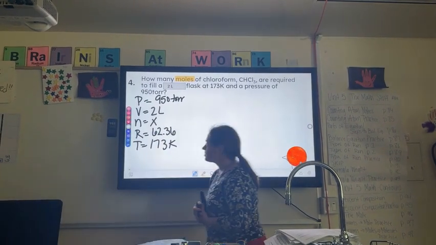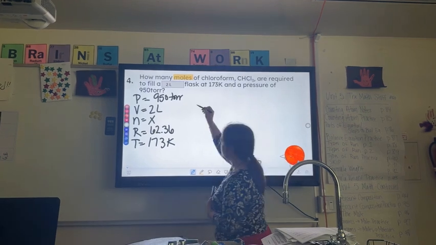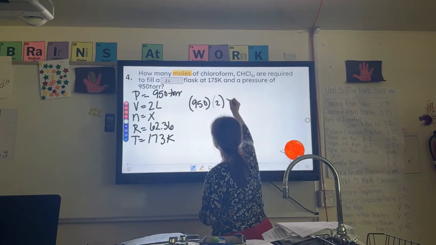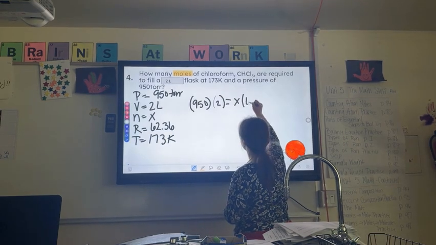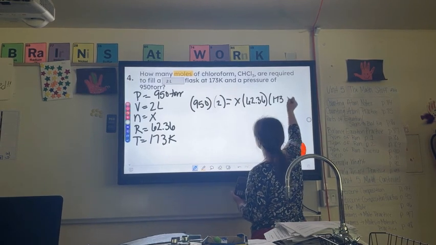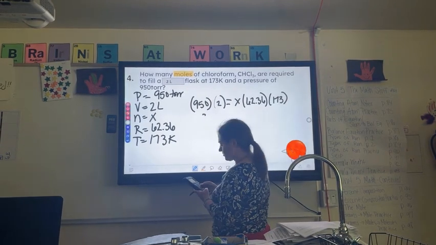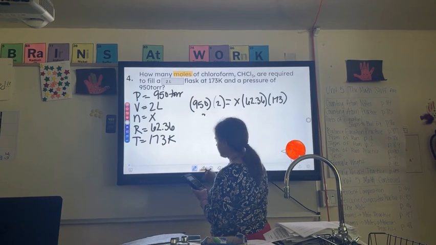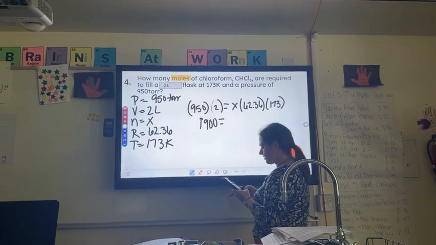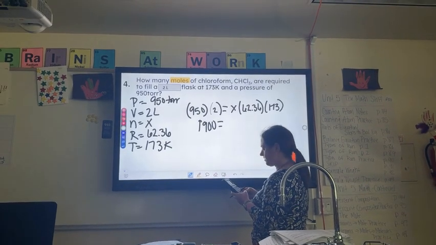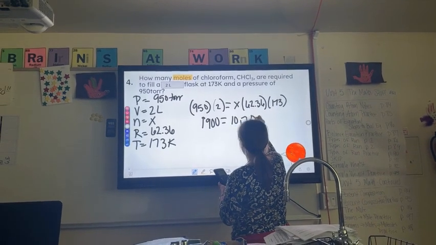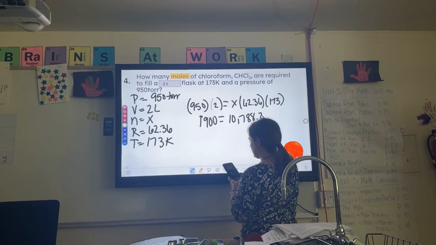Once again, our equation is PV = nRT, so 950 times 2 is equal to X times 62.36 times 173. So 950 times 2 is 1900, and 62.36 times 173 is a really large number, 10,788.28.